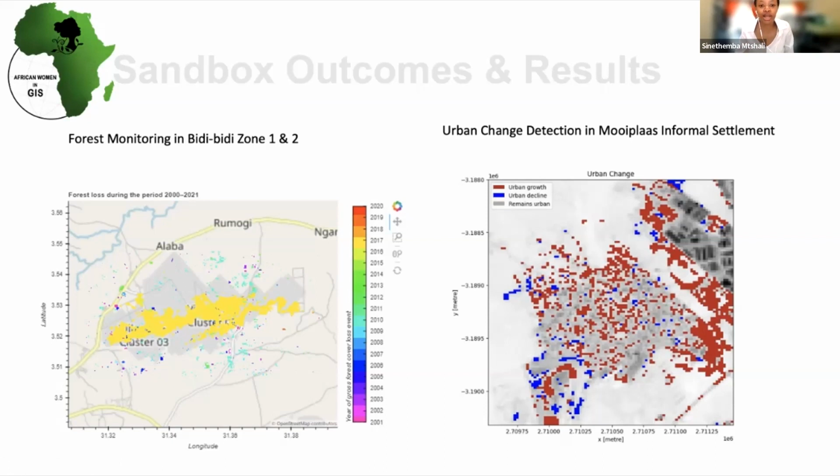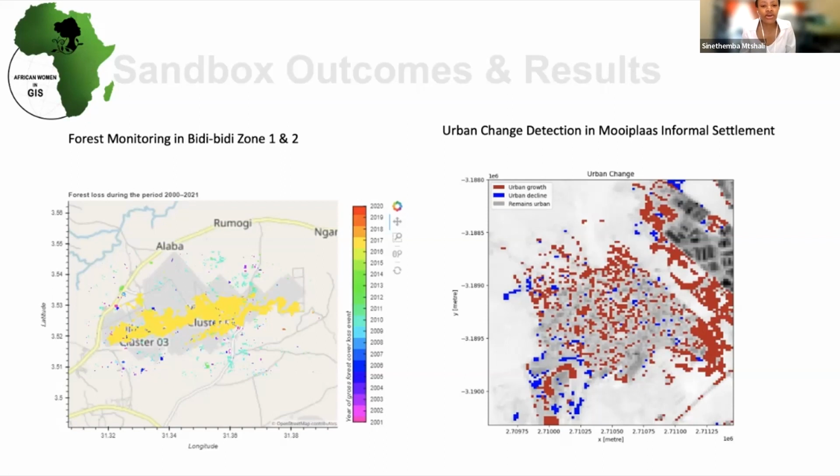Delving into platforms such as QGIS, ArcGIS and even Google Earth Engine can be a bit daunting, but with the sandbox and the notebooks they have, I was able to get the data I needed to create the project for the mentorship program. So that was so amazing for me as well.